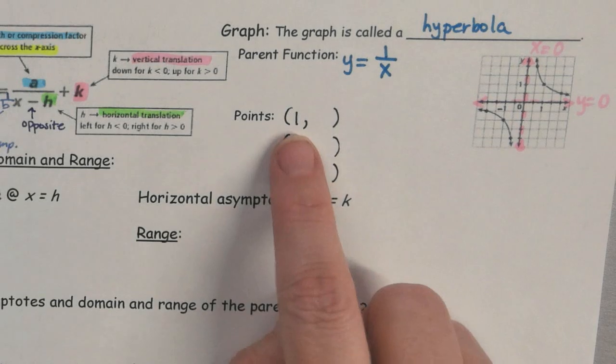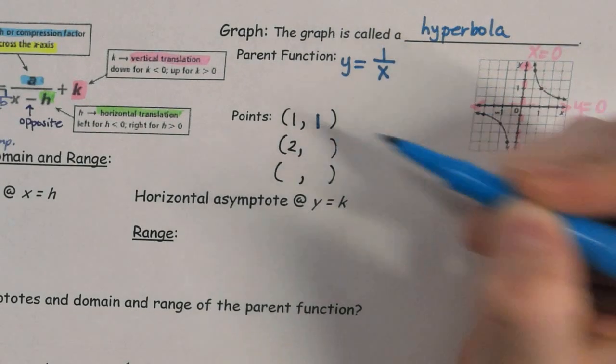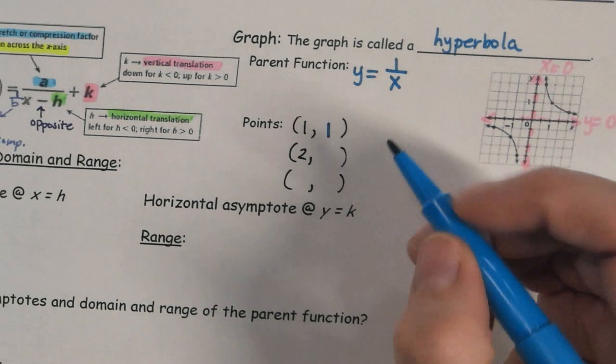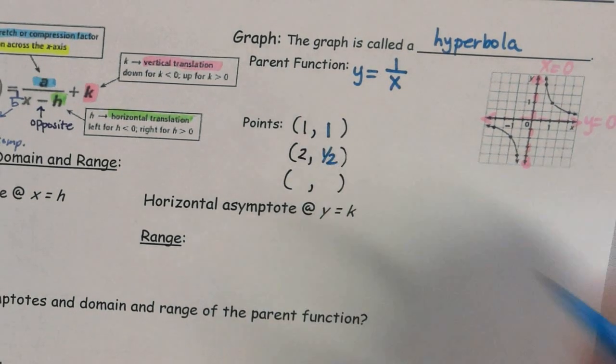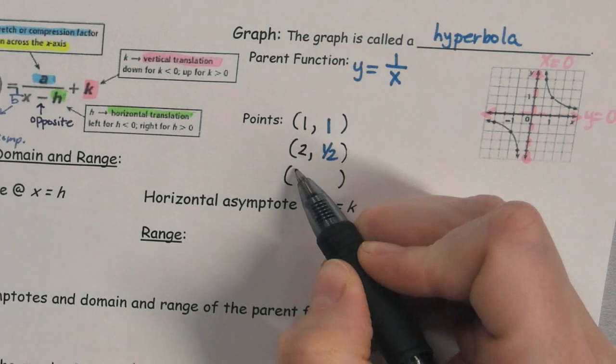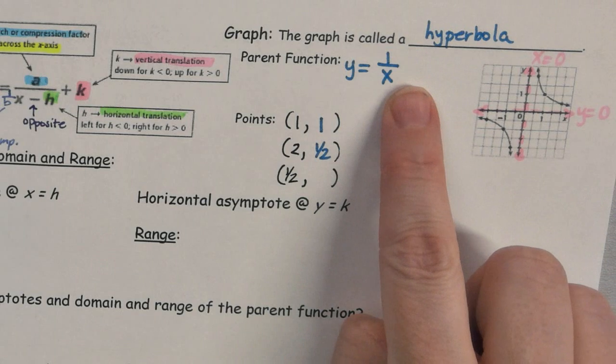Okay, so if I plug in 1 for x, what's 1 divided by 1? Yep. So then my point is 1, 1. If I plug in 2, 1 over 2 is just 1/2, right? So I can leave it like that. The next one I'm going to plug in is 1/2. What's 1 divided by 1/2? Yeah, it's 2, right?